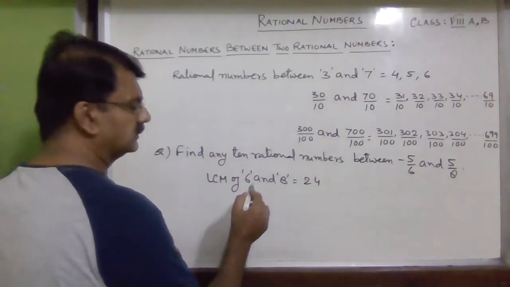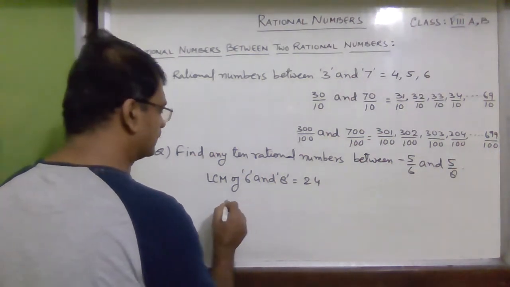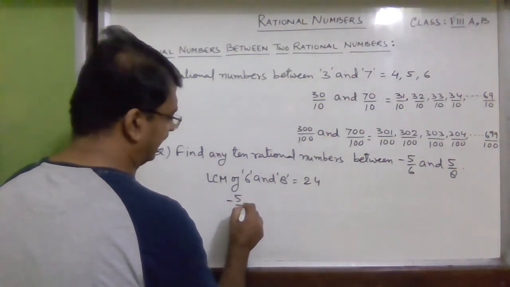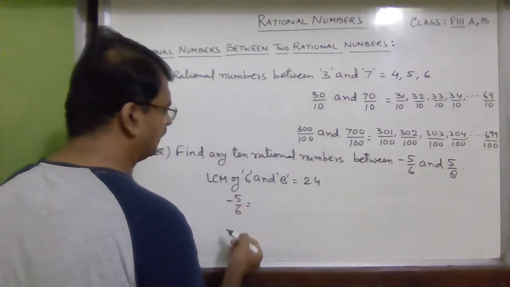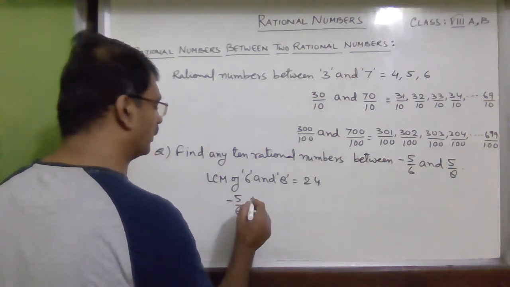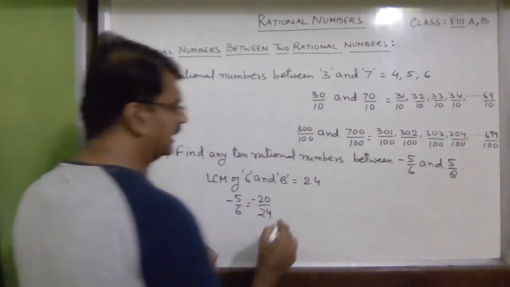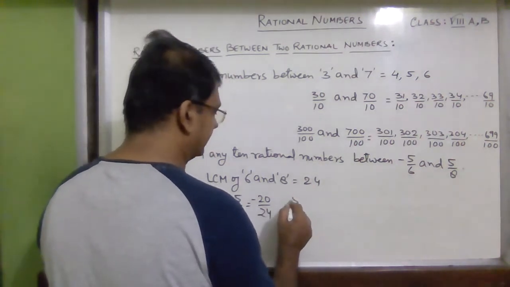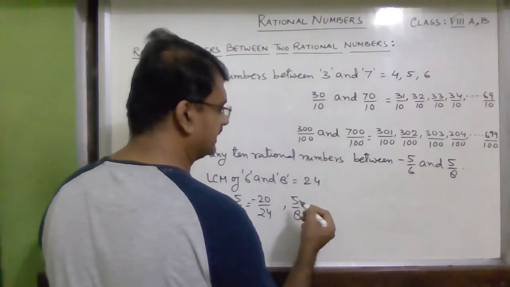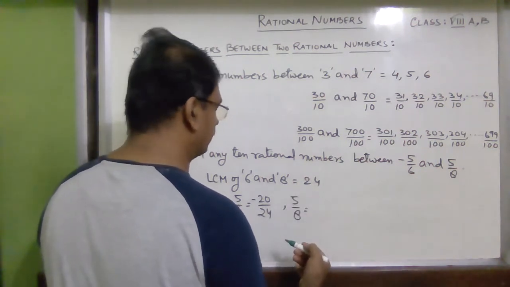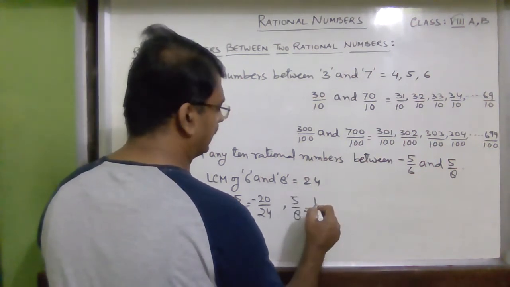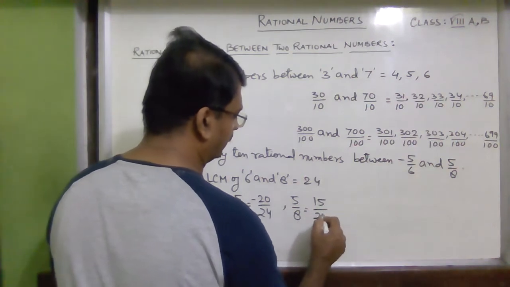Now what we do, -5/6 can also be written as, if you multiply both numerator and denominator by 4, it will be -20/24. Similarly, 5/8 can also be written as, you just multiply numerator and denominator by 3, so it is 15/24.